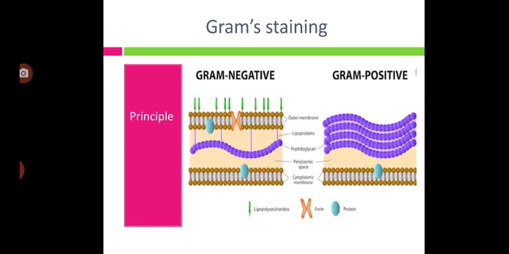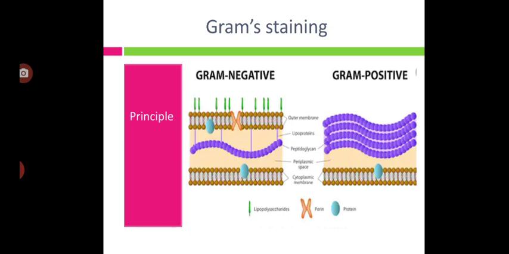The principle of this staining is that when the primary stain, which is crystal violet, is added, the cell walls of both gram positive and gram negative bacteria get stained and appear violet in color.